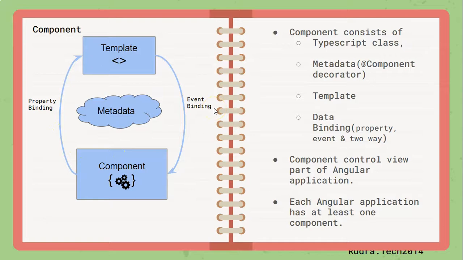We will be seeing these bindings in detail when we go through the topic of data binding. The component controls the view part. As I earlier said, it is the part which is viewed by the user. Then each application will have at least one component and can have many components as the developer wants.